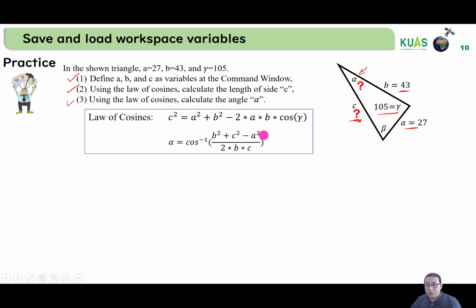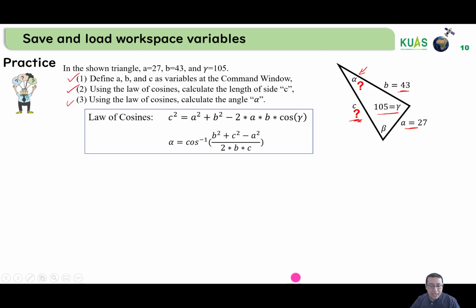For the numerator, once we have some operation with a plus, it's safer to use parentheses. Once we have some operation in the numerator and denominator, it's better to use the parentheses.